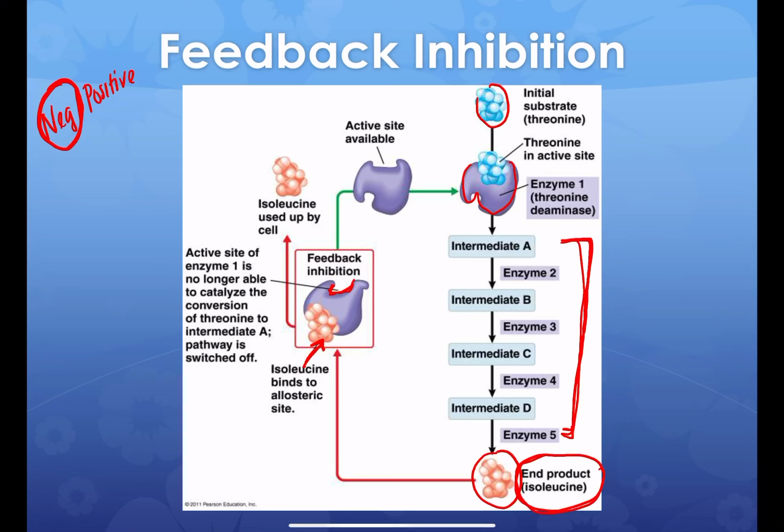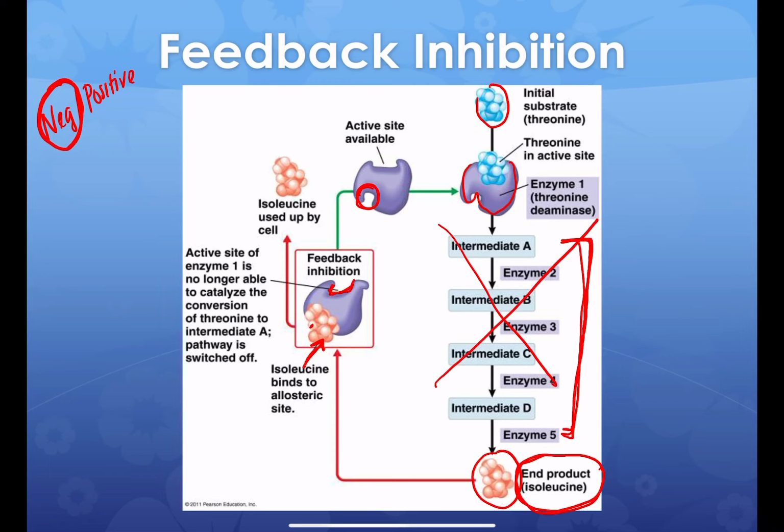And so when isoleucine builds up, it actually binds to the allosteric site of the enzyme and it inhibits its own production, okay? So when there gets to be excess isoleucine and it's not needed in the cell as fast as it's being used, it'll bind to the enzymes and cause the production of it to stop, okay?